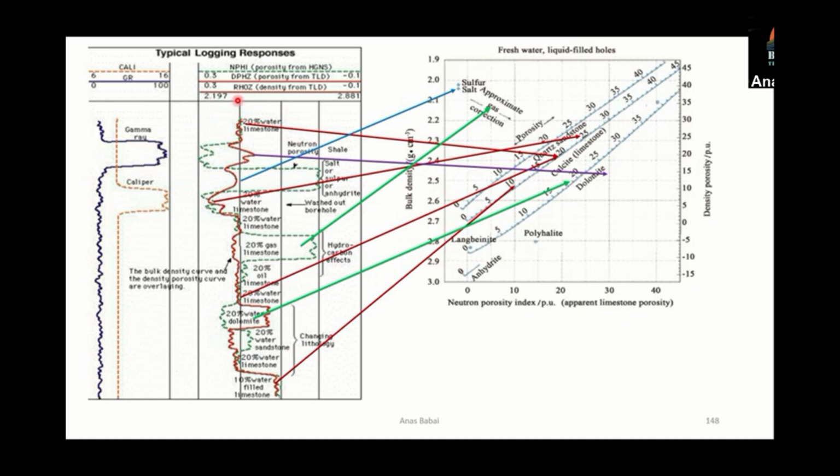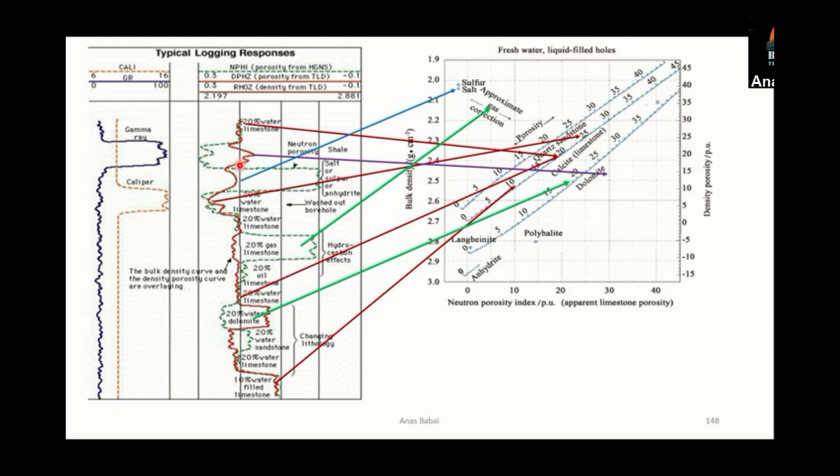So since it's in this zone, it's lying on the 0.2, which is 20%. If we plot 20% neutron porosity and 20% density porosity, it will lie directly here, and you'll find that it's 20% porous, and the lithology of the formation is limestone.